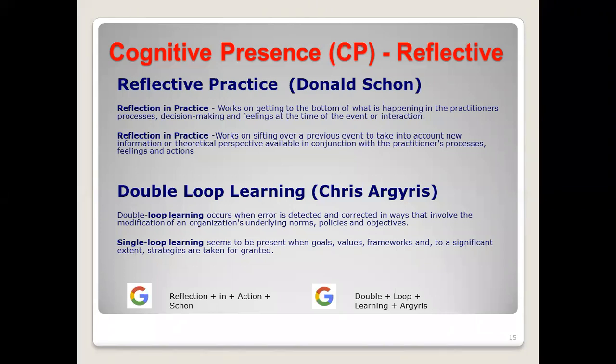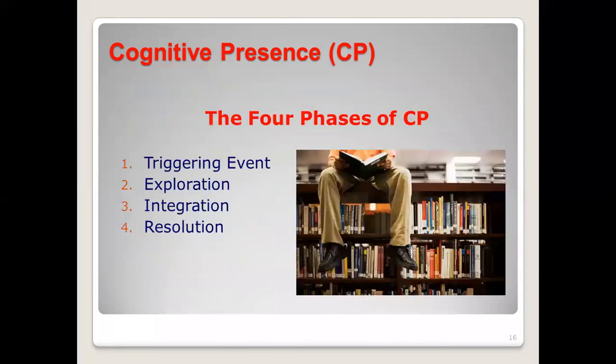And if you Google these two, we aren't going to spend any time on it, but I gave you the Google prompts to look at these two. These are 2 important pieces of reflection on cognitive learning that all teachers should be very aware of, because these are not just about what the learner is doing. This is about what the teacher is doing to engage the learner in the content.